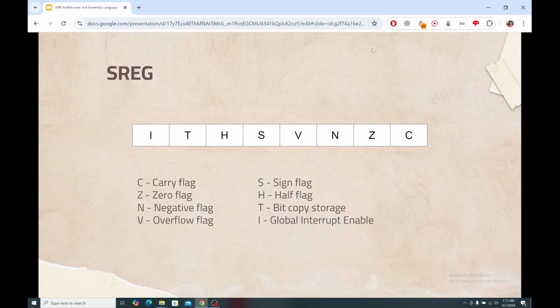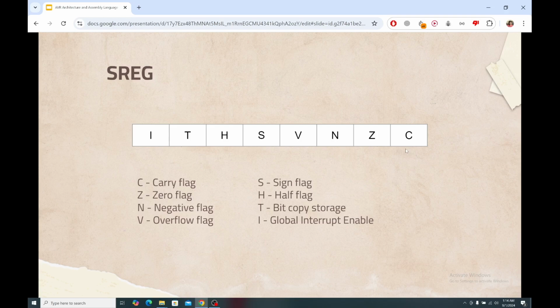Another important register is the status register, also known as SREG. It shows the various flags for ALU operations. Also, it has 2 enable bits, that is T and I, and the other 6 bits represent various flags.